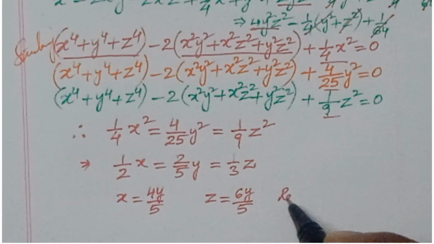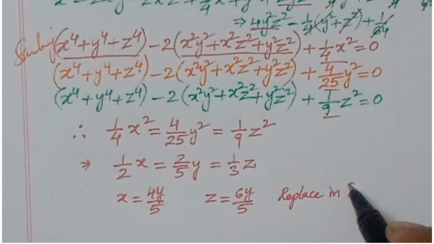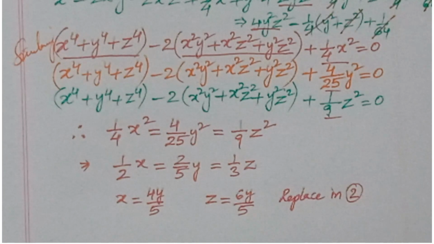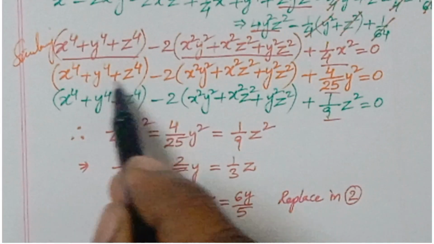Now replace these values in the second one. We are replacing in the second one. So what is the second equation we are having here? So this is the second one now.